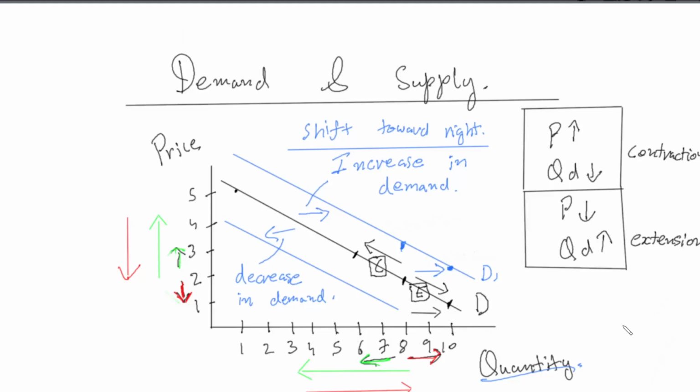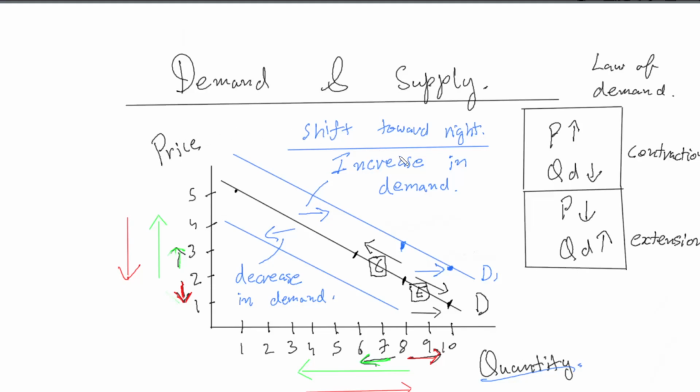Remember that this is your law of demand. And it's an inverse relationship. When the price goes up, the quantity demanded decreases. When the price goes down, the quantity demanded increases.